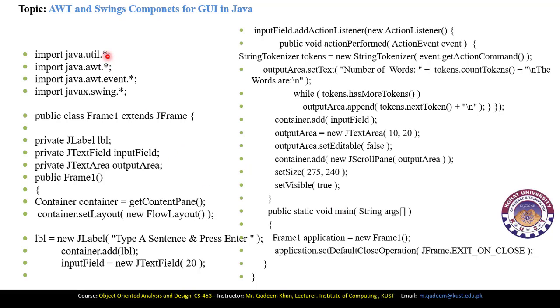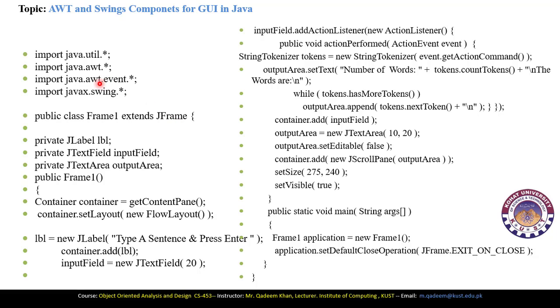So here we have first declared some libraries. The libraries are import java.util.*, which implements the StringTokenizer class, used to convert the strings into words, also called tokens. And then we have java.awt.*, that is the Abstract Windowing Toolkit library, and this library defines the JFrame class.